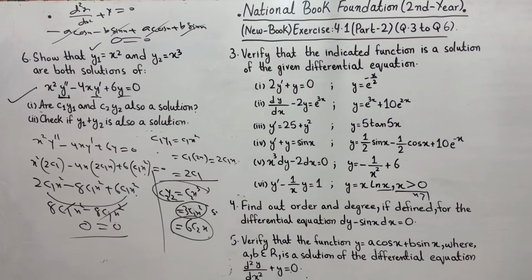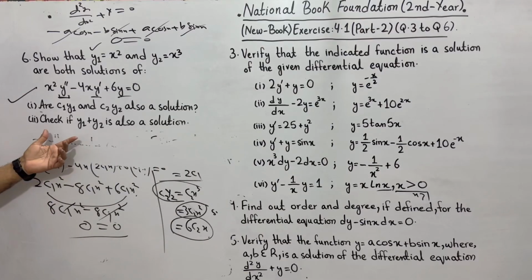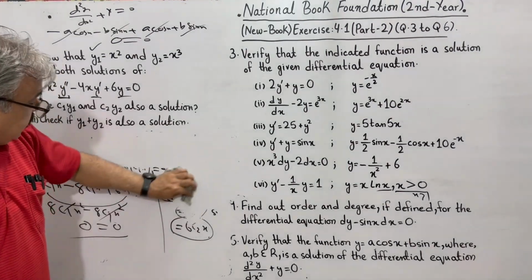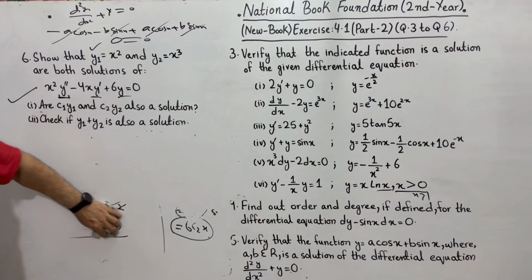Then moving to our superposition principle. It has been given to us indirectly. If y1 is the solution and y2 is the solution, their linear combination in any form is also a solution of the linear differential equation. It is known as superposition principle, as you learn in higher classes, not at your intermediate level.